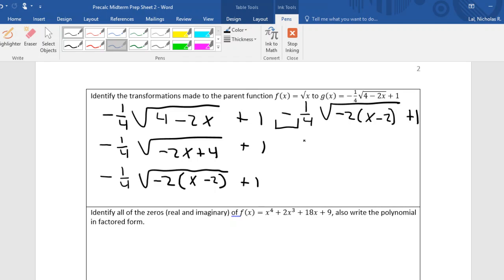A flip across what axis? X-axis, absolutely. Good job, Ezra. X-axis reflection, because it is outside of the function. That negative sign. Reflection.